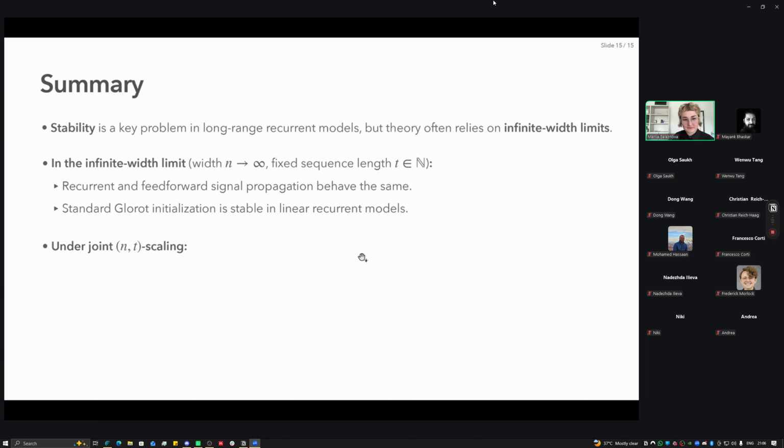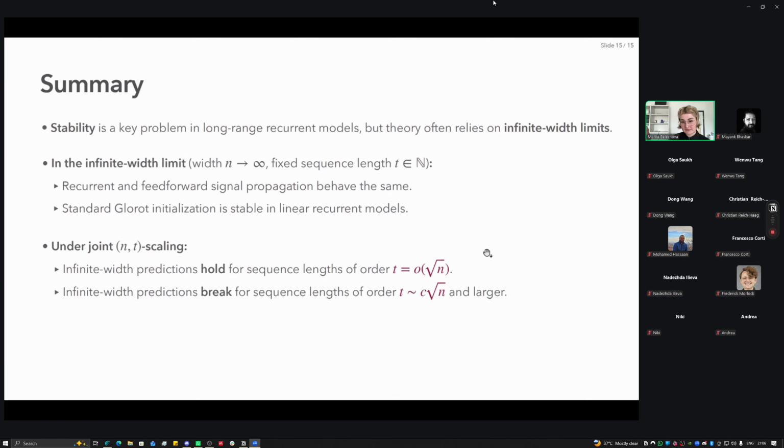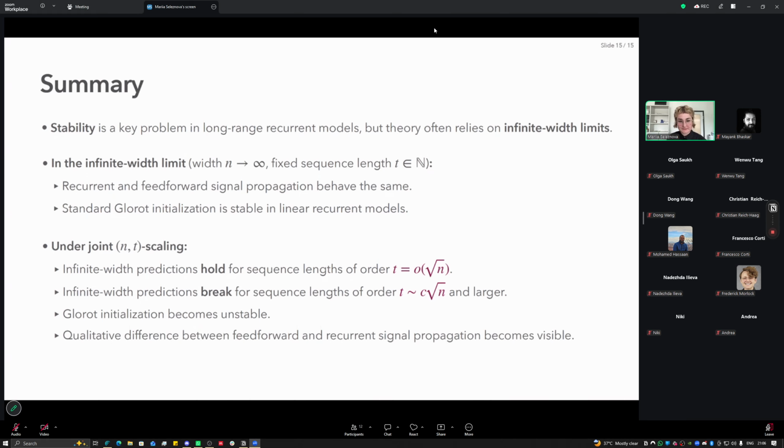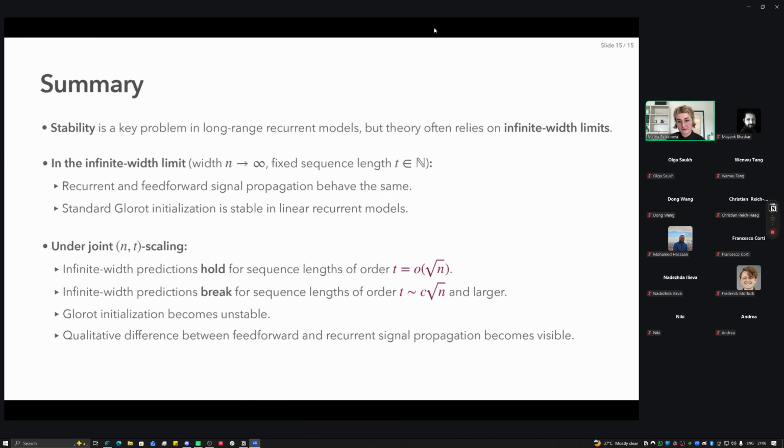But then we looked at our more refined joint scaling analysis, where we saw that infinite width predictions actually only hold when the sequence length is smaller than the square root of the width n. And as long as our sequence length scales faster than this, infinite width predictions generally break. And this means in particular that Lecun initialization becomes unstable in this case. And we also start seeing the qualitative difference between feed-forward and recurrent models that we didn't see at infinite width.